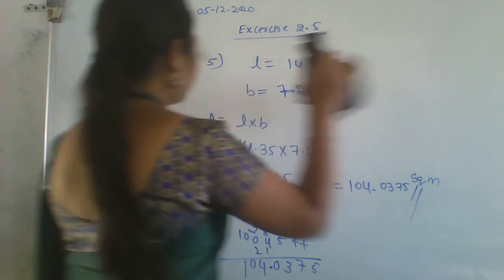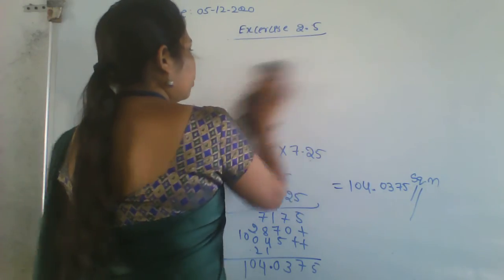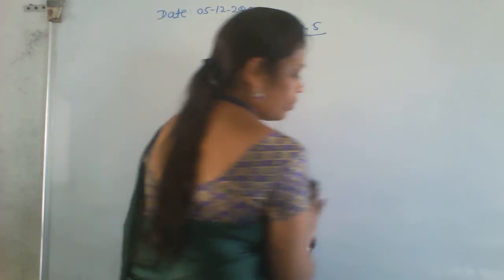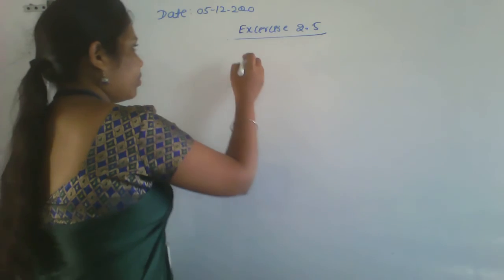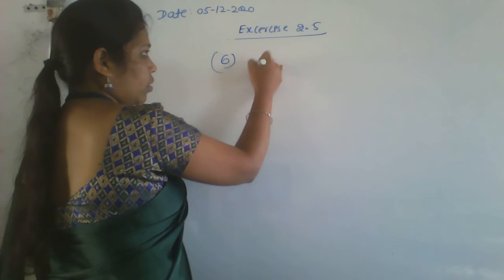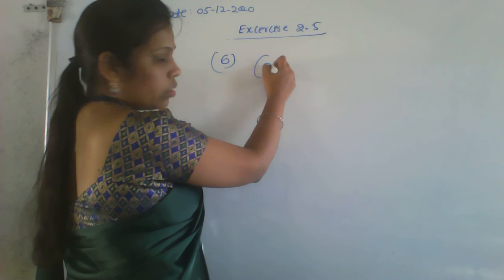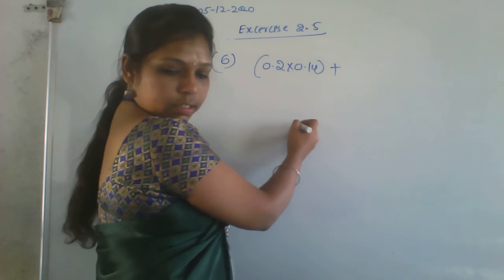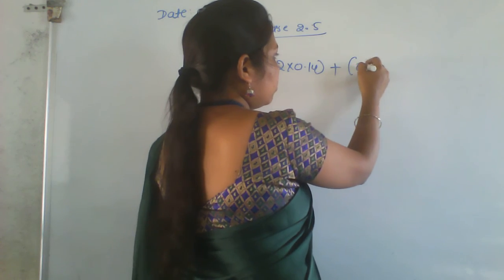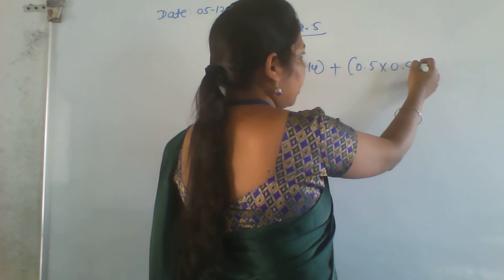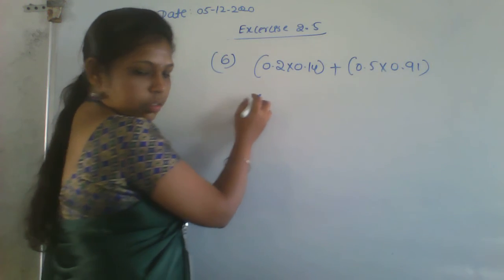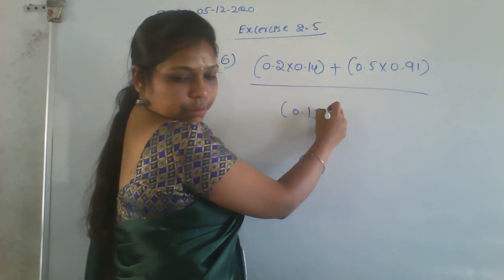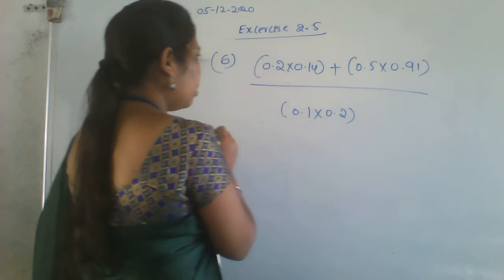Last one, sixth one. So 2.5, last problem. Plus 0.5 into 0.91 divided by 0.1 into 0.2.